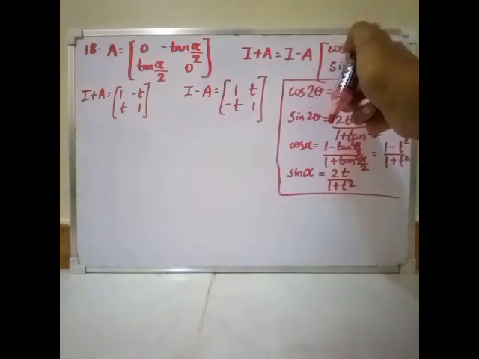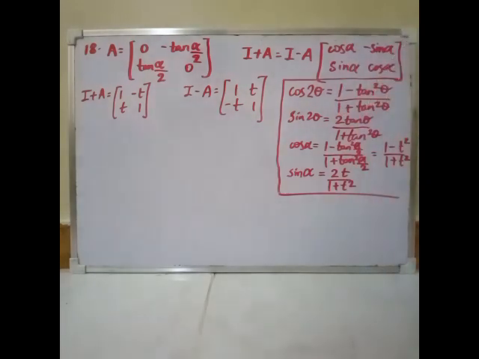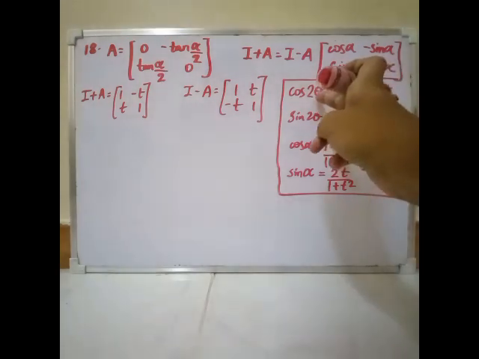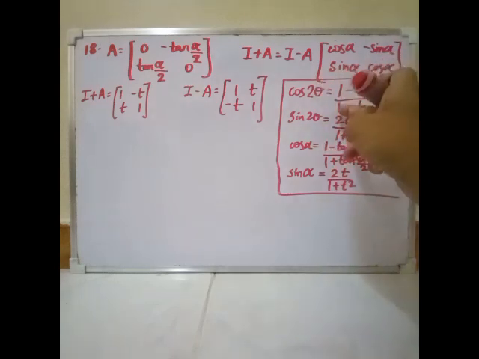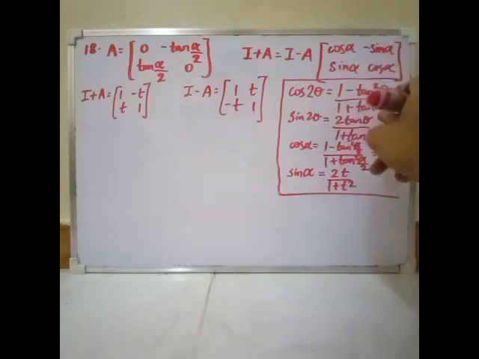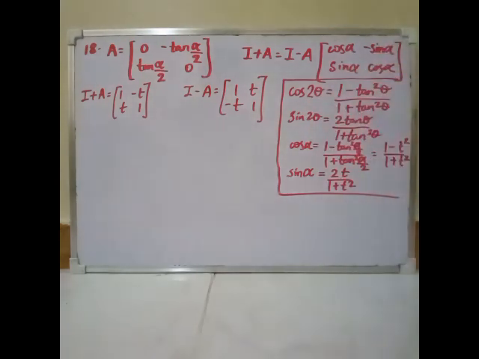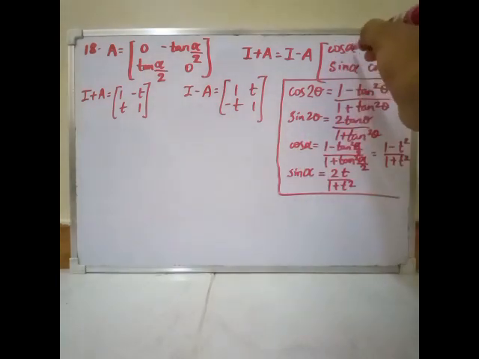Now instead of cos alpha and all, we have to replace other elements by using certain identities in trigonometry. First identity to be used is cos 2 theta is equal to 1 minus tan square theta by 1 plus tan square theta, and sin 2 theta is equal to 2 tan theta by 1 plus tan square theta. So if you check here, we are having cos alpha, right?